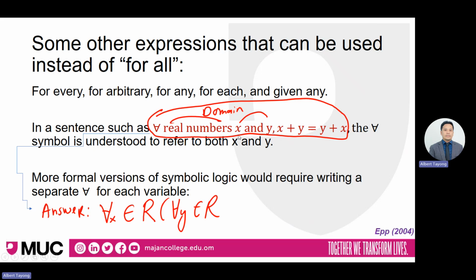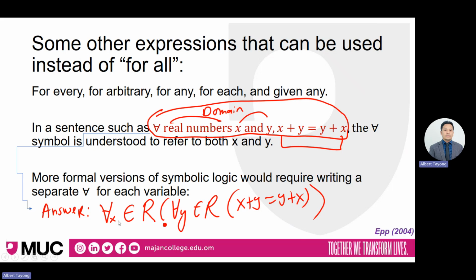For all real numbers X and Y, then X plus Y equals Y plus X will be one group. It is the property that we're talking about, one group. Then we have to close the open parenthesis towards the end. So that is our answer.